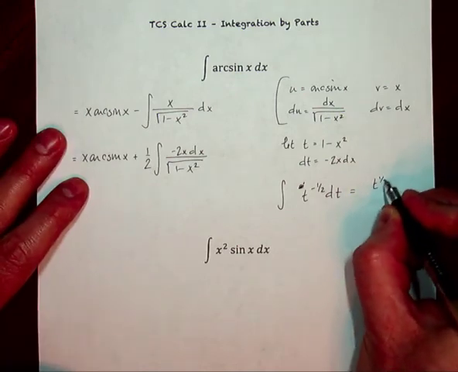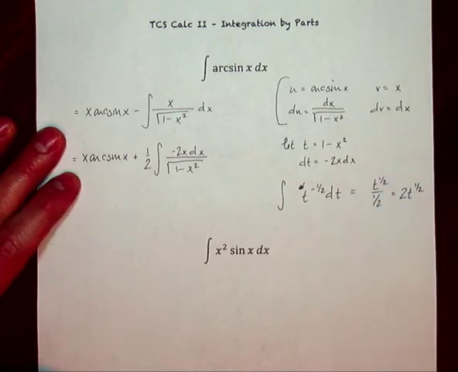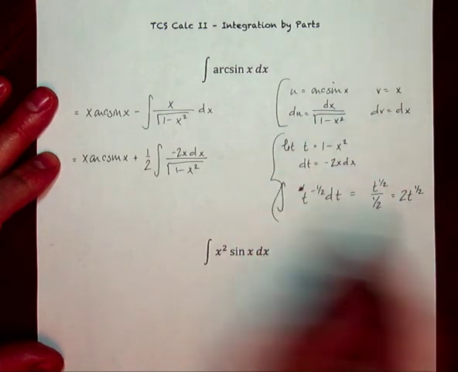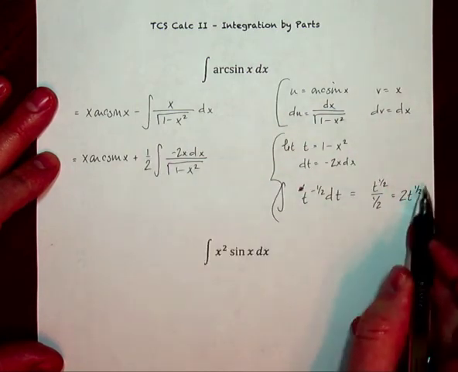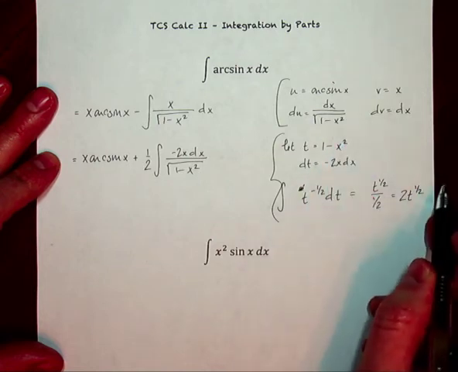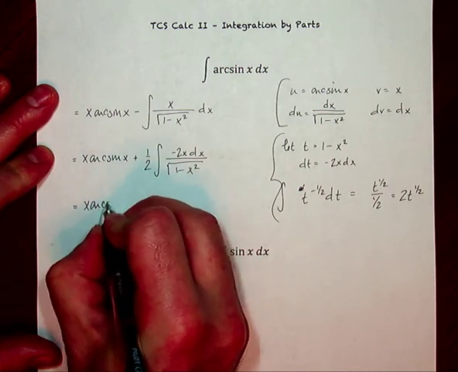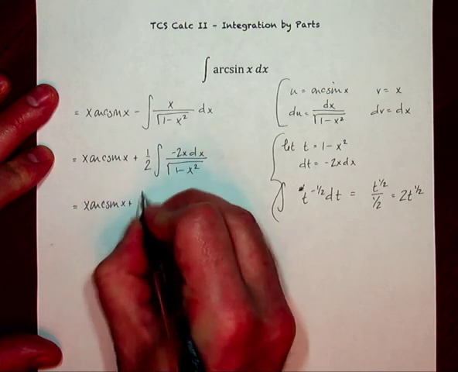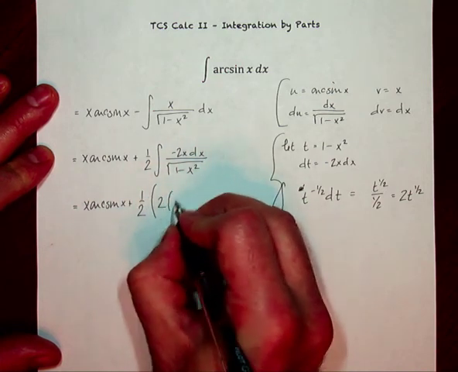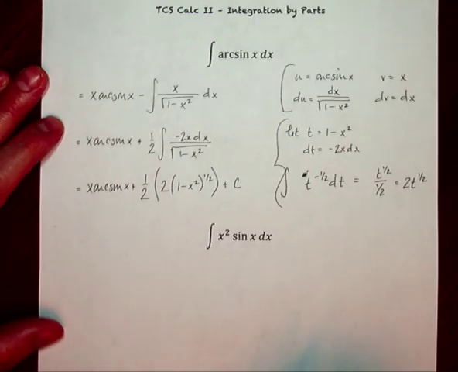T to the 1/2 over 1/2, or 2t to the 1/2. Well, this is sort of just being done on the side. That 2t to the 1/2 is actually 1 minus x squared to the 1/2. And the 2 and the 1/2 are going to cancel out when I plug it back in here. I'll go ahead and show just plugging it back in. And I'm going to get 1 minus x squared to the 1/2 plus c.